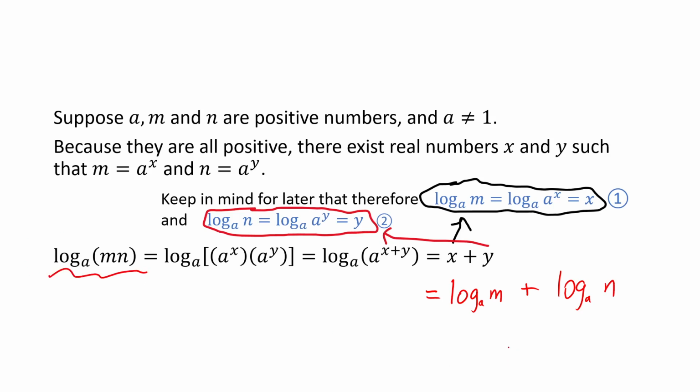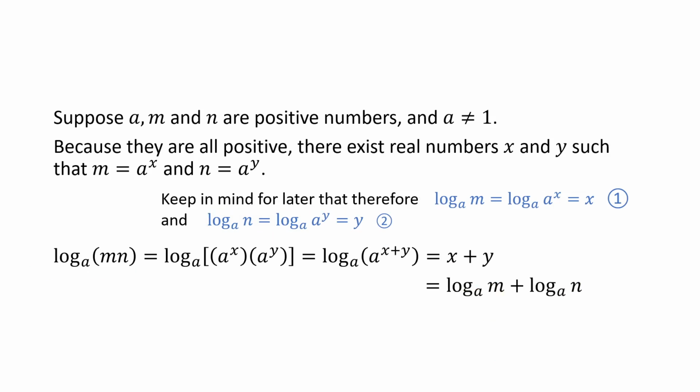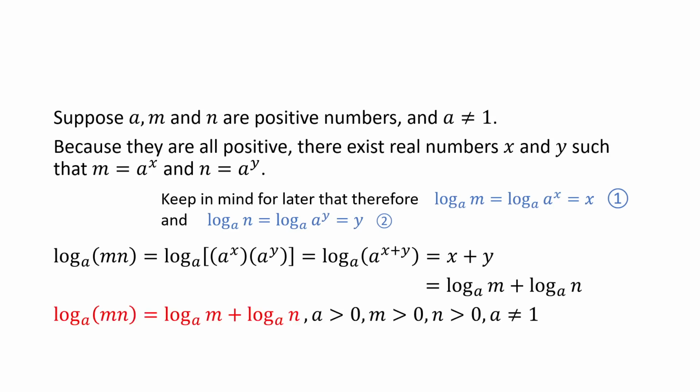The log base a of mn is equal to the log base a of m plus the log base a of n. Okay? And so it's a little bit of fancy footwork going on there, but what we've created is a very valid rule that we're going to use a lot. The log base a of a product is equal to the sum of the individual logarithms.